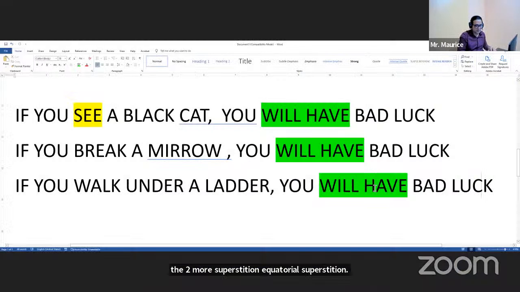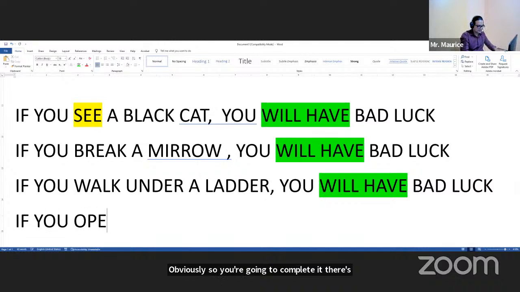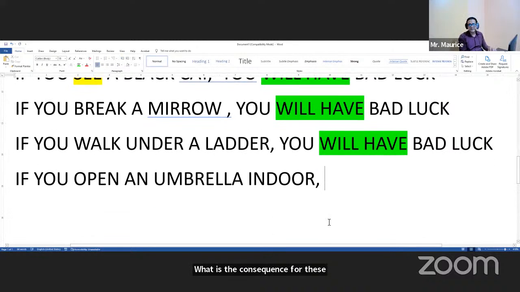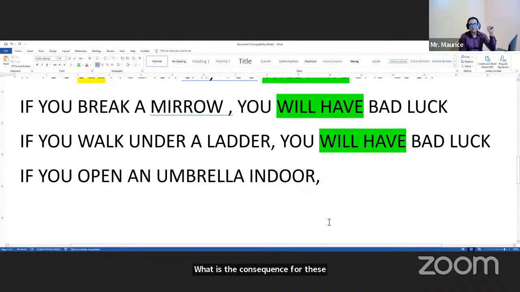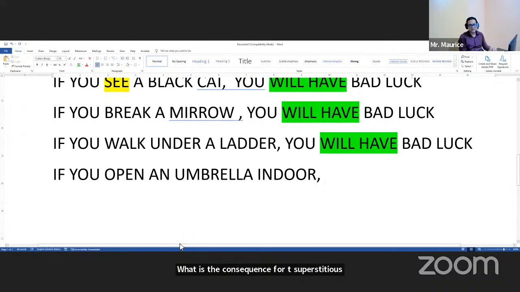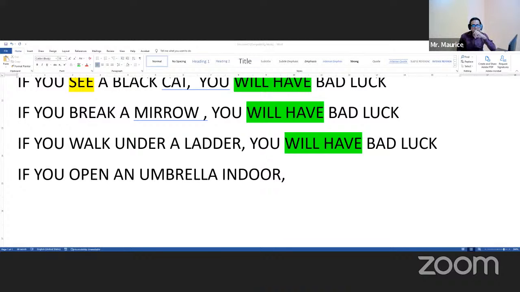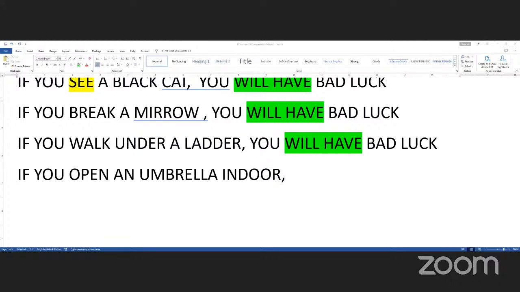Ecuadorian superstitions, obviously. So you're going to complete it. This one. What is the consequence for this superstition? Sería lo mismo, you will have bad luck.